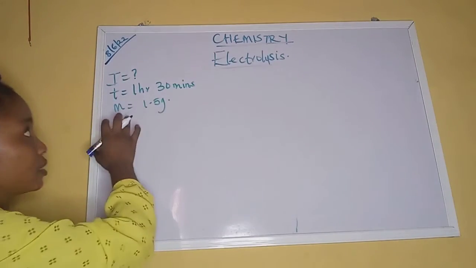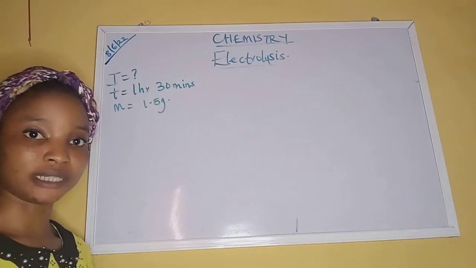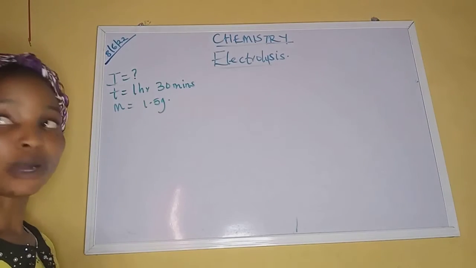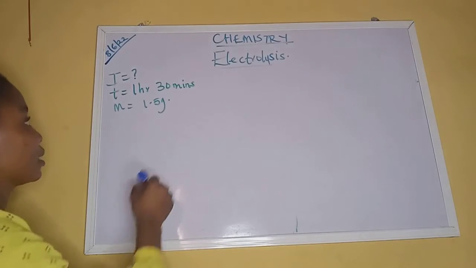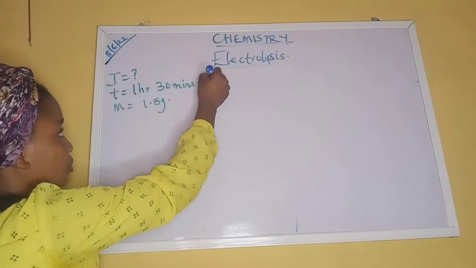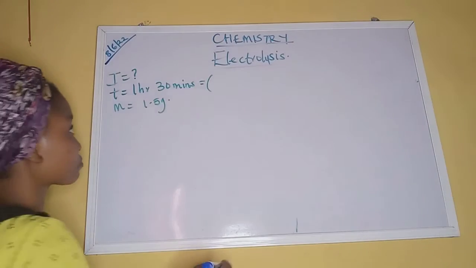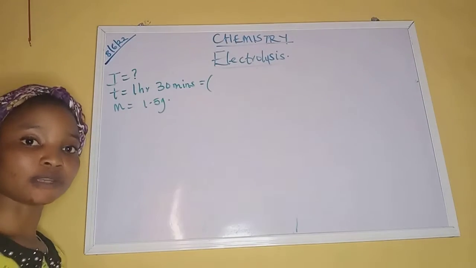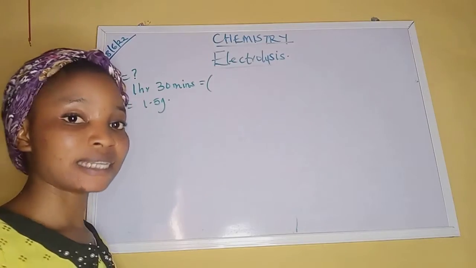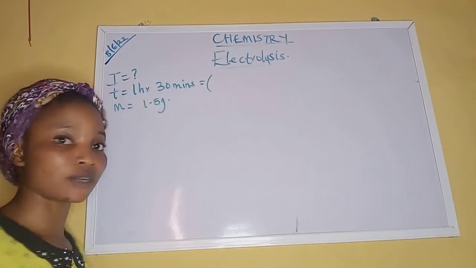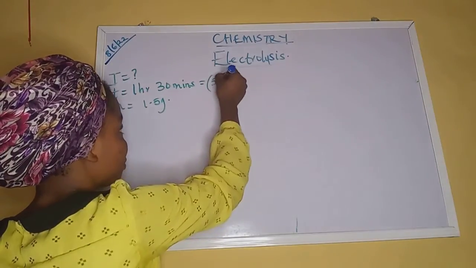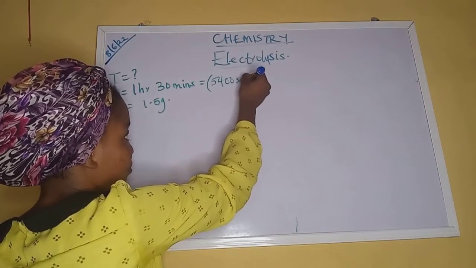So the question here is asking us to look out for the current for aluminium. Now, you can still convert this. When you convert this into seconds, 60 plus 30 will give you 90 minutes. 90 minutes times 60 to give you the seconds will give you 5,400 seconds.